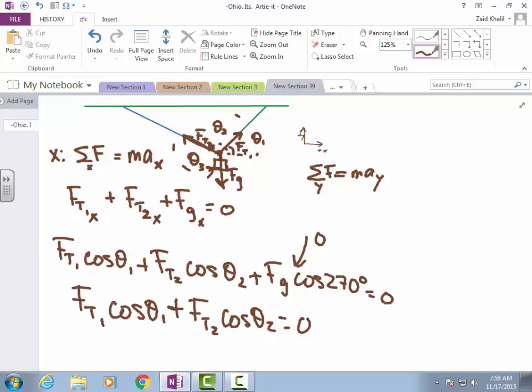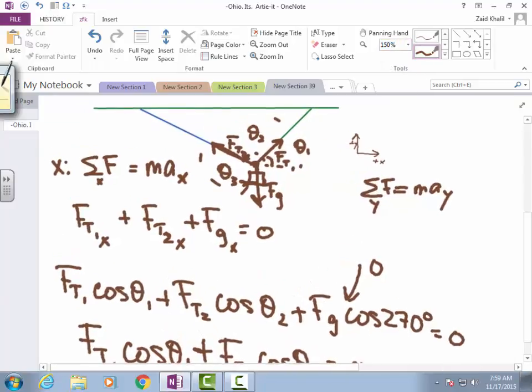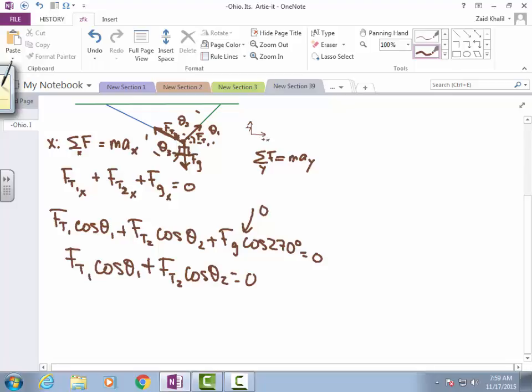And likewise, ft1y is going to be, that's right, by the same exact logic. So here, what do we have? This is where things get annoying. In the net force in the y direction, we have what?